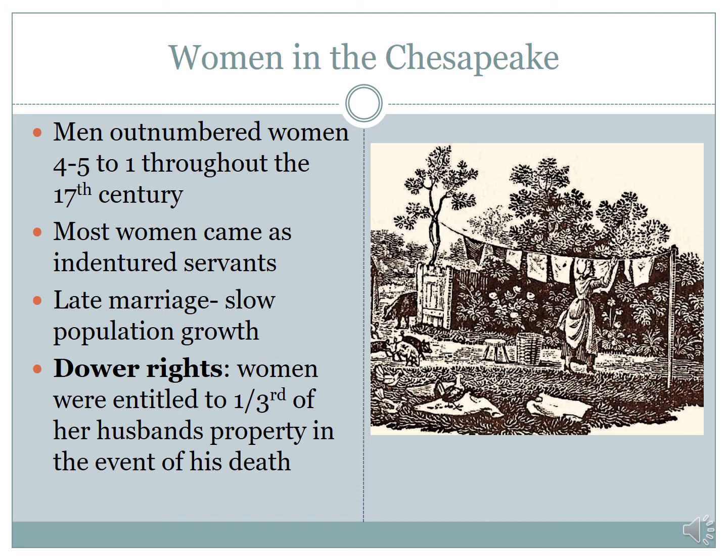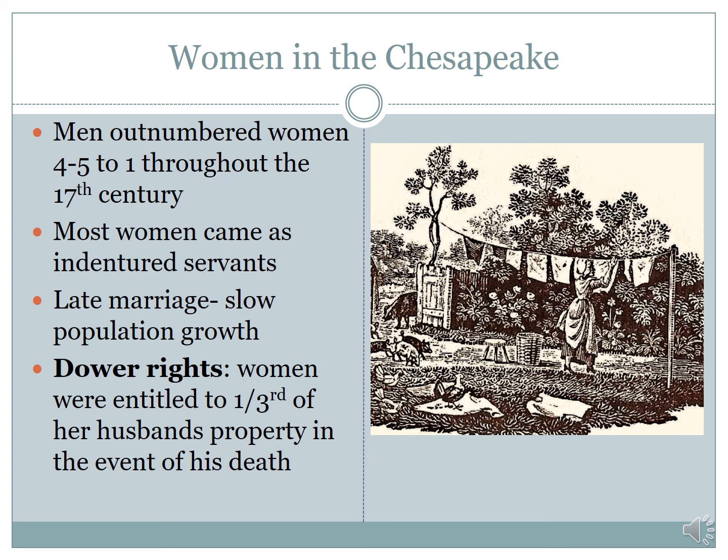And then there was also another result of this. Oftentimes in societies where you find that men outnumber women, sometimes women will have certain advantages that they might not have in a society where the numbers are more equal. And this is certainly the case when we talk about dower rights for women.